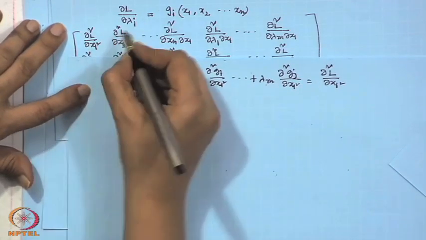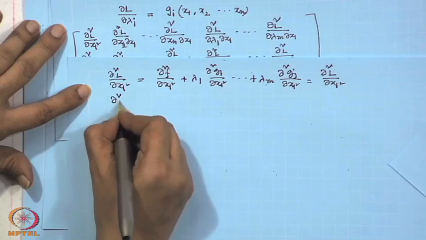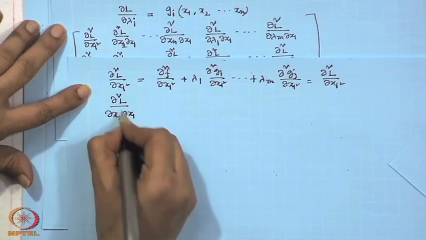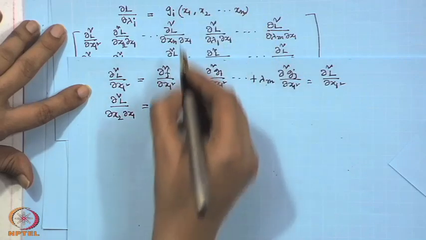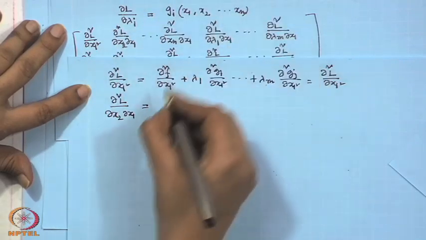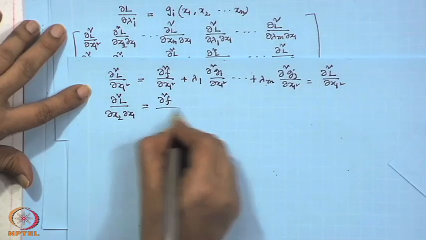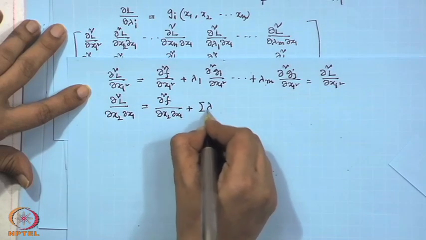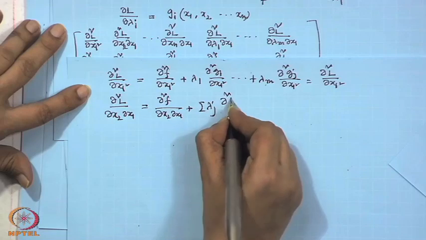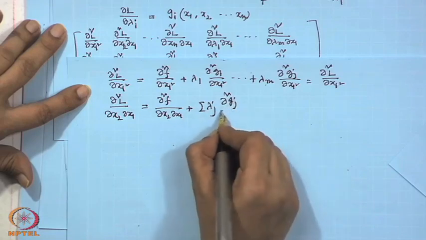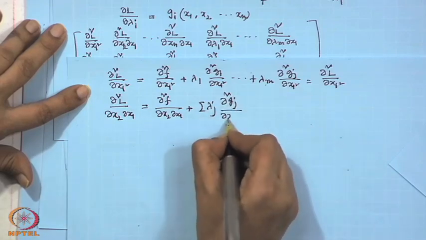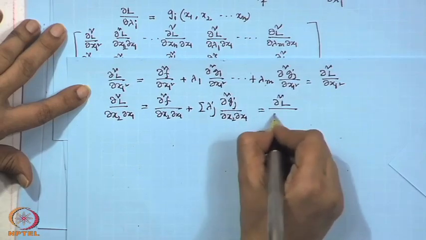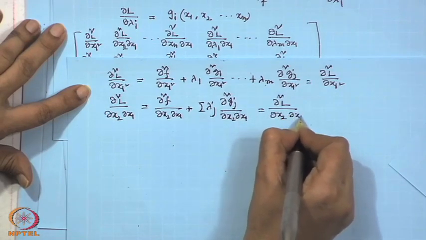Similarly, the next term, del 2L by del x2 del x1, would be equal to del 2f by del x2 del x1 plus summation lambda j del 2gj by del x2 del x1, which is equal to del 2L by del x2 del x1.